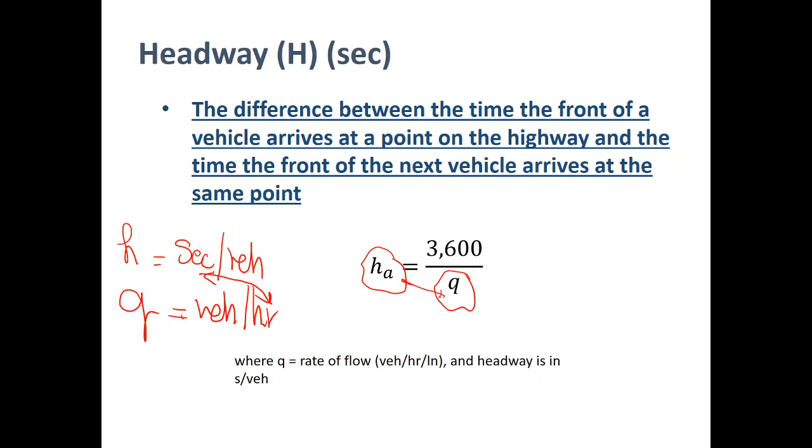You can see this, they're inverse, and this is just how many seconds in an hour. In other words, when you invert your headway and change it into an hour, it gives me the volume, and that's the relationship between headway and volume.